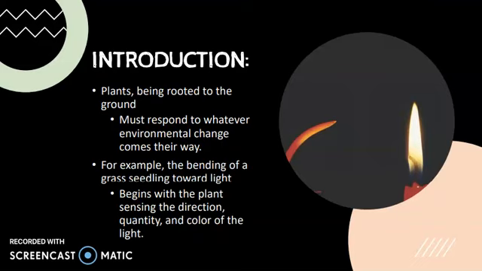Therefore, they must respond to changes in the properties of the surrounding soil. Another example of a plant response toward an environmental or external factor is the bending of the grass seedling toward the light, as shown in this figure. It begins with the plant sensing the direction, quantity, and color of the light as its stimuli.